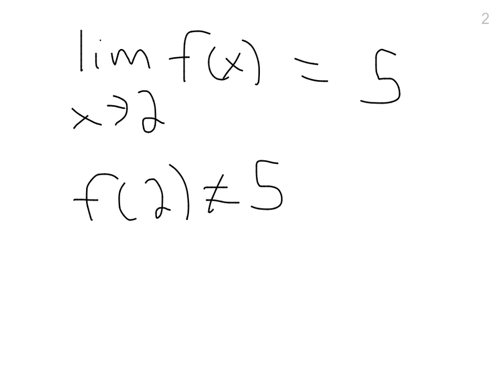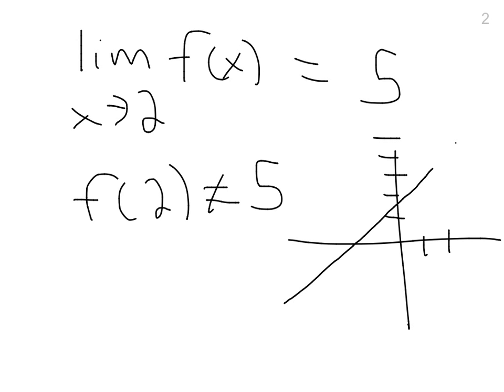So what does that mean? Well, once again, here are our axes. So we know we have to approach 5 somehow, and let's just pretend we knew that it was a linear function, so it was just a straight line. So we have to approach, once again, at 2, 1, 2, 3, 4, 5, we have to approach that point right there. So something like that, in there like that. However, it doesn't actually equal 5 there.